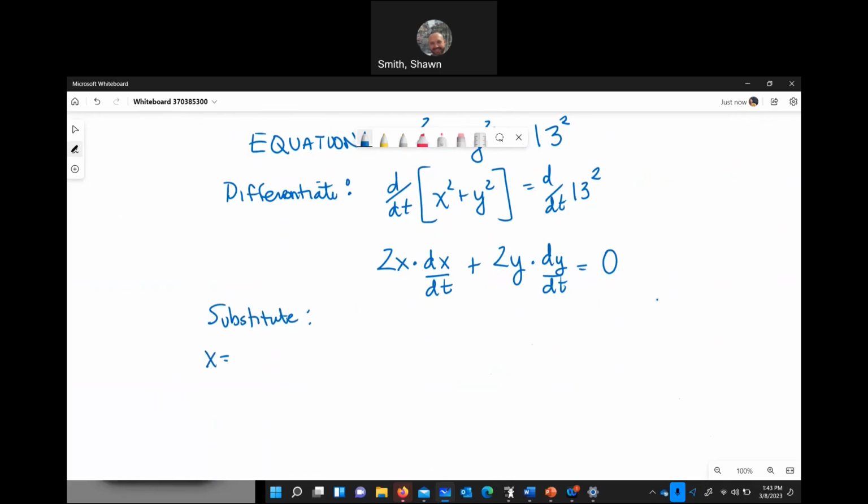So 2 times 5 times the rate of change of x with respect to time, which was given as half a foot, so 0.5 feet per second, plus 2 times y. Oh, I don't have y. Or do I?